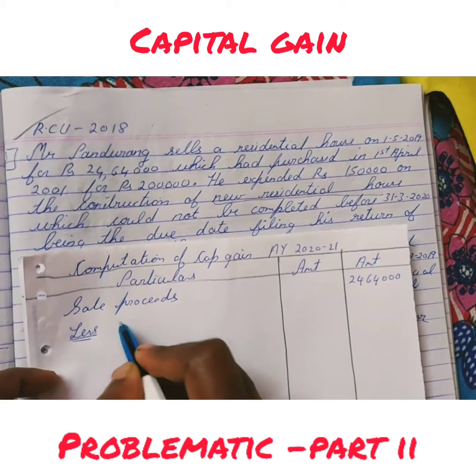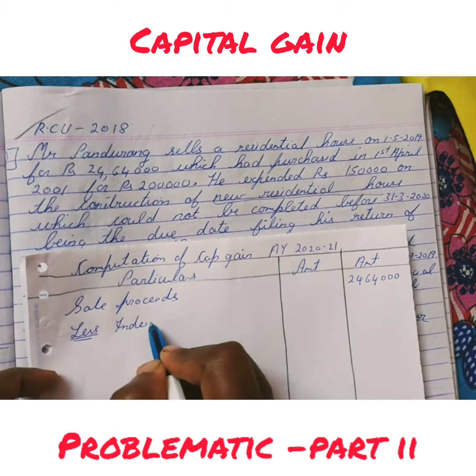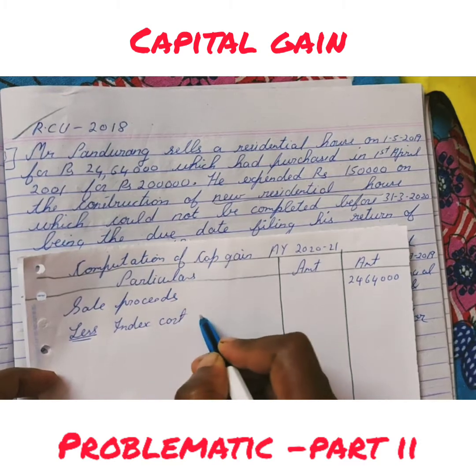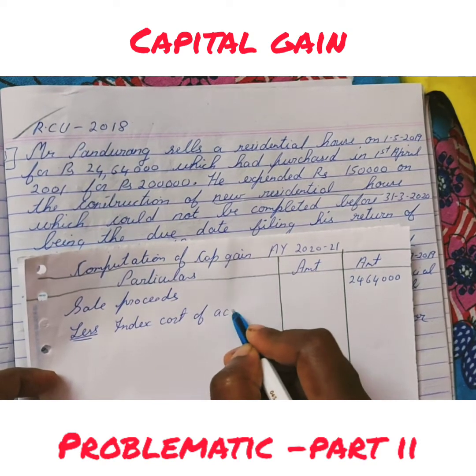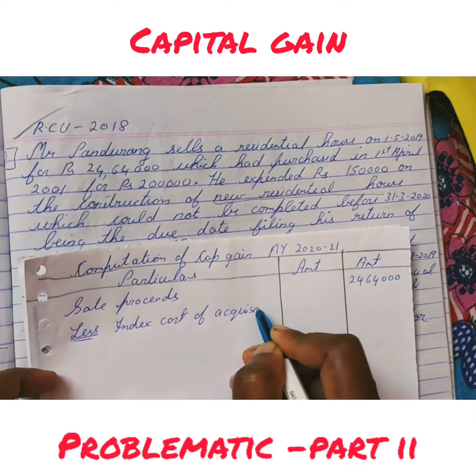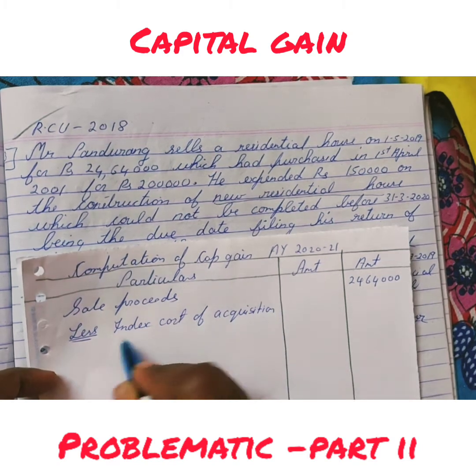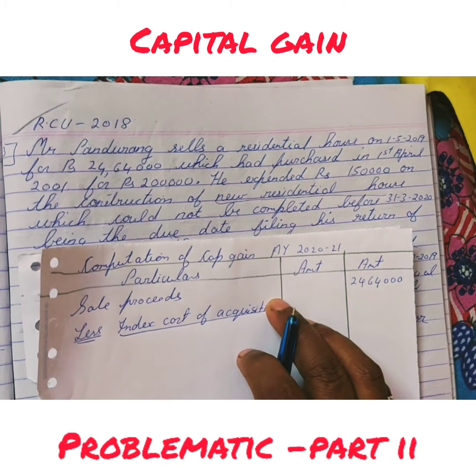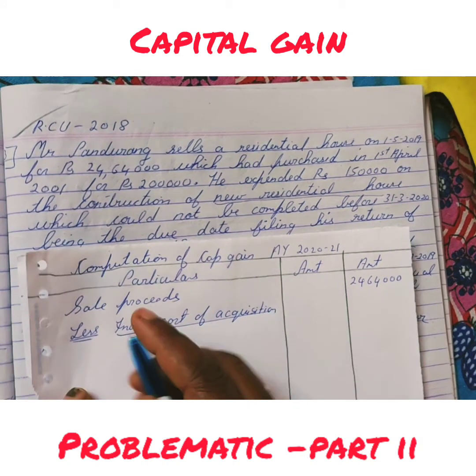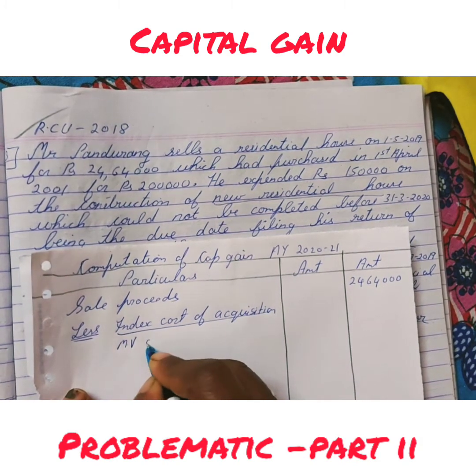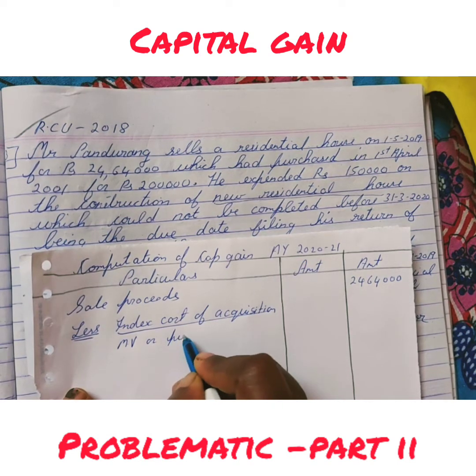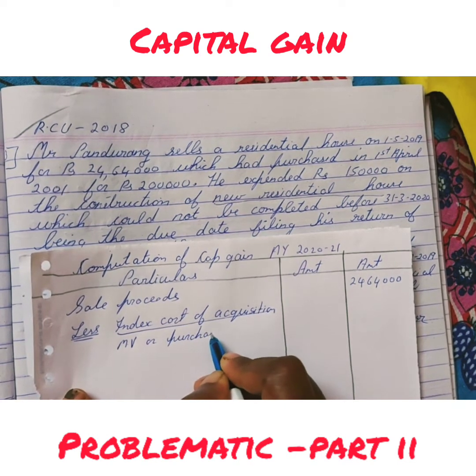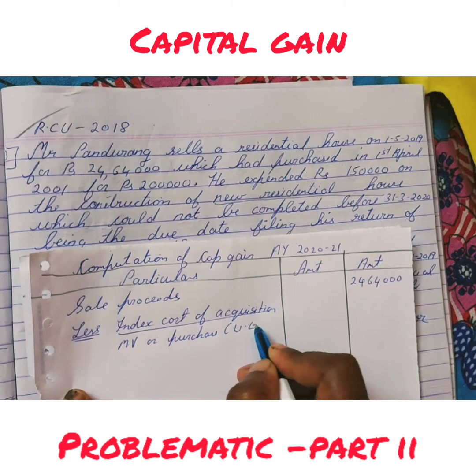After this, what do we deduct? Less: indexed cost of acquisition. Acquisition is nothing but cost of purchase. Before calculating, we compare the market value and the purchase cost, and whichever is higher we take.